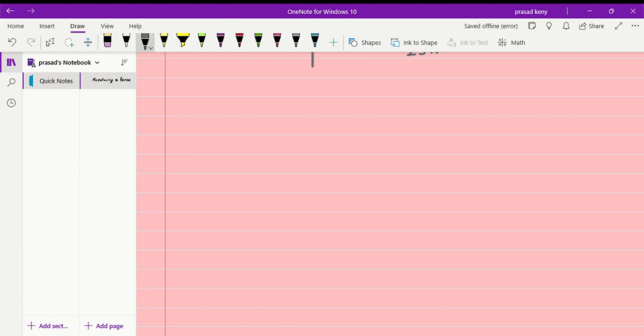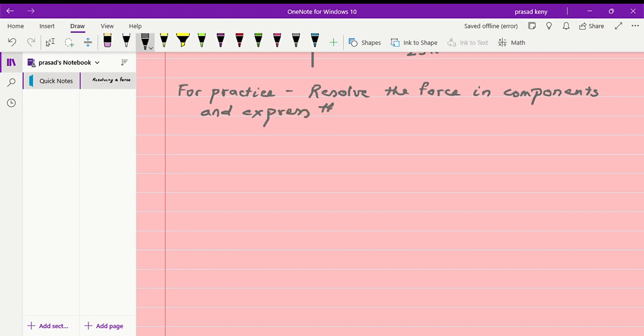So I will give you for practice. Resolve the force in components and express the force F in Pi plus Qj Newton form in each of the cases.